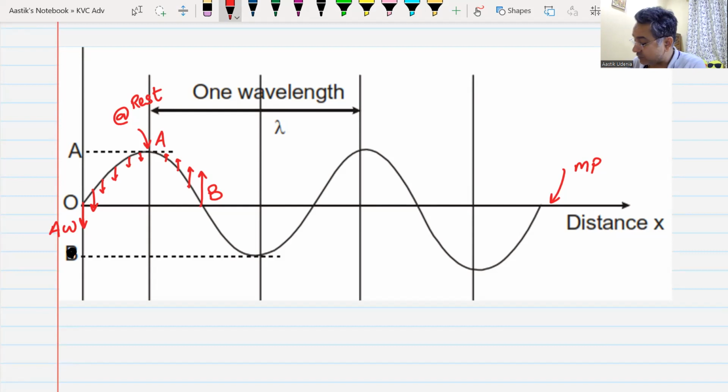Then you go from B to C and C to D, and we will complete one wave. After that, it will repeat. Between B and C, how are the particles moving?